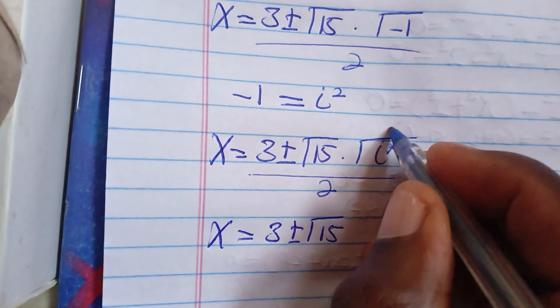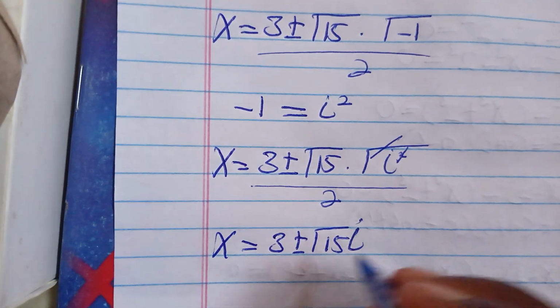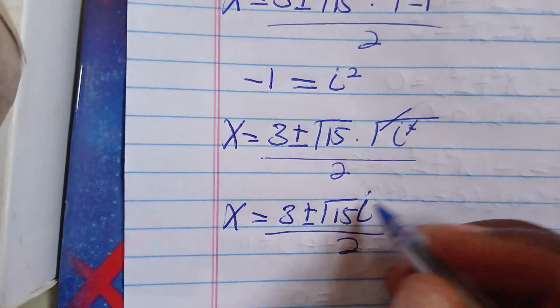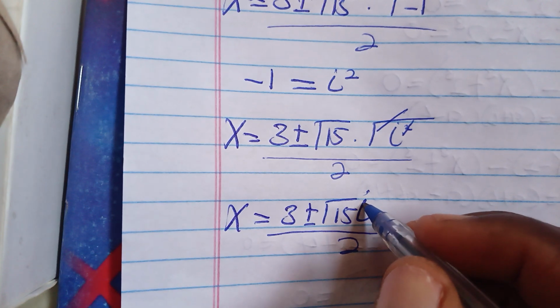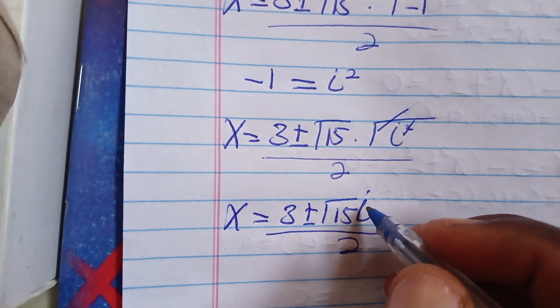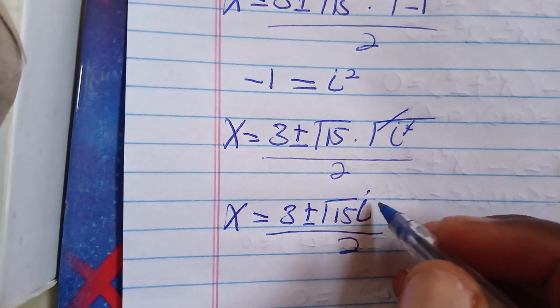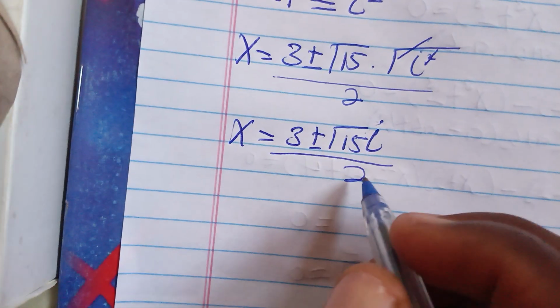Now these two cancel, so we have the square root of 15i all over 2. You should always write this i not under the root. It should be a bit far away from the root. Okay, so you can see this is not under the root. Okay, now so this is our answer.